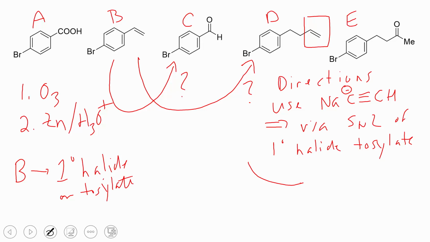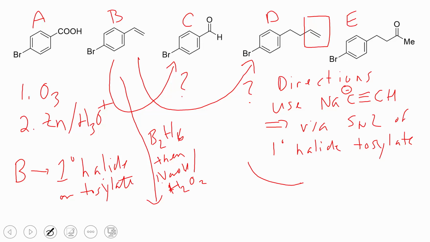Okay, and key here is to do an anti-Markovnikov addition. So we're going to treat this with... okay, sorry if my writing's not good enough here. I don't have my drawing pad.